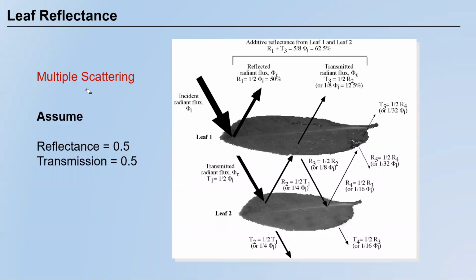So this is called multiple scattering. Okay, I'm not going to go even deeper, but you should know that vegetation remote sensing can be very quantitative, can be very complex when we're talking about the transmittance and reflectance of light energy.